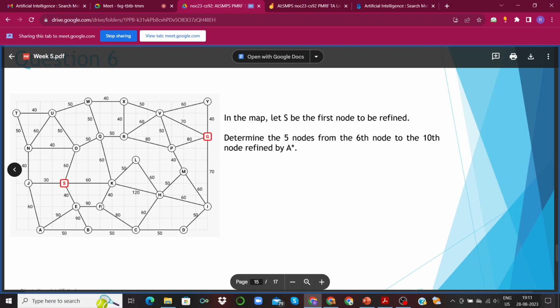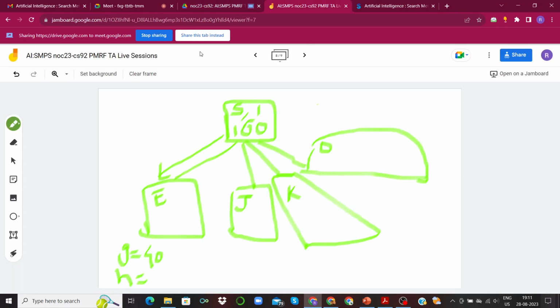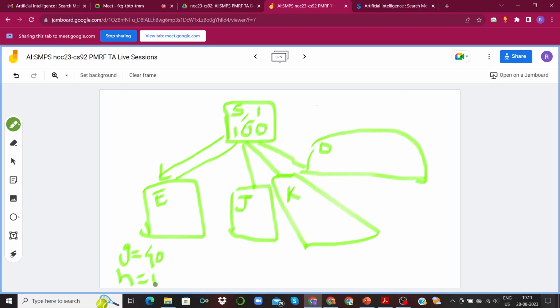That is 1, 2, 3, 4, 5, 6, 7, 8, 9, 10, 11, 12, 13, 14, 15, 16, 17. So 170 would be the Manhattan distance, because if you remember, each of the small boxes was 10 cross 10 units in dimension. So your cost would here be 170 plus 40, which is 210.